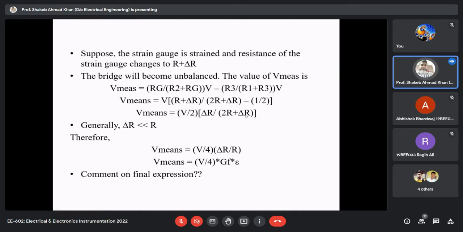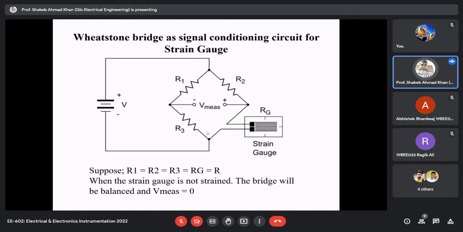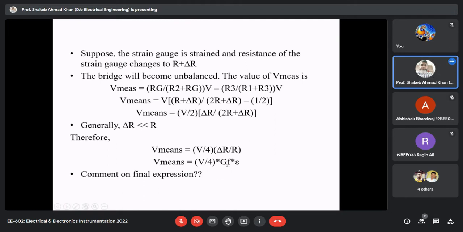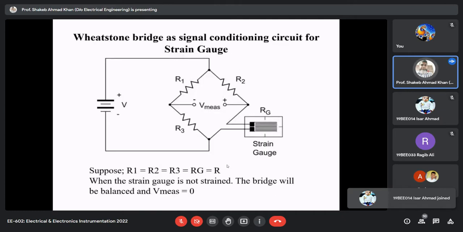And another sense is that when your strain is zero, the output will also be zero. That was not present in the case of the voltage divider circuit. So that's why this is considered the better, or the best, circuit for signal conditioning, or for conversion of resistance to voltage.